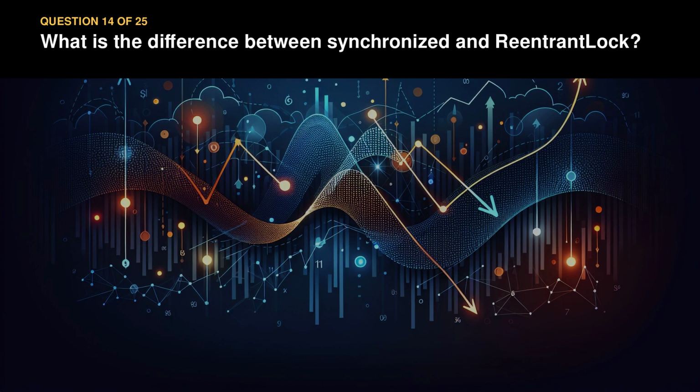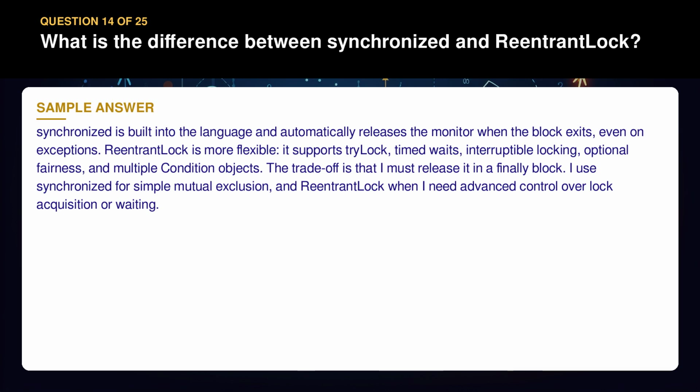What is the difference between synchronized and ReentrantLock? Synchronized is built into the language and automatically releases the monitor when the block exits, even on exceptions. ReentrantLock is more flexible. It supports try-lock, timed waits, interruptible locking, optional fairness, and multiple condition objects. The trade-off is that I must release it in a finally block.